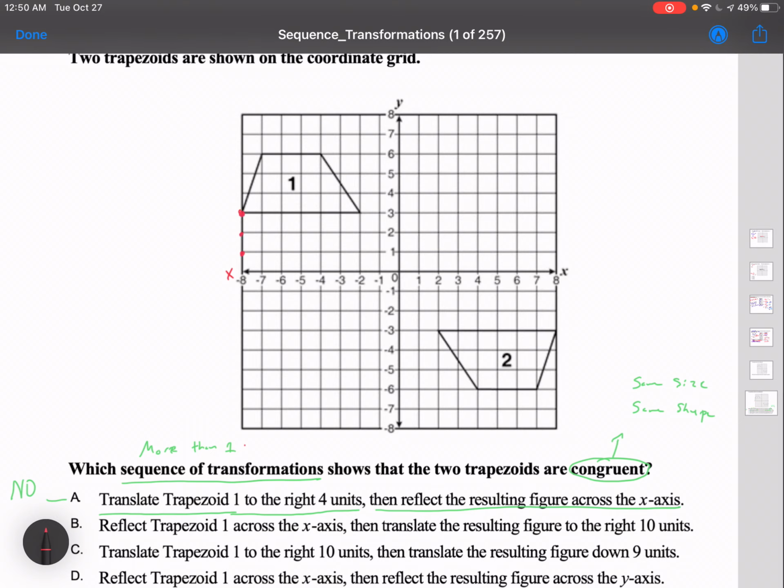So I need to do it again on the other side. 1, 2, 3. Okay, I'm going to check this point. It's 1, 2, 3, 4, 5, 6, so I have to do it on the other side, 1, 2, 3, 4, 5, 6.